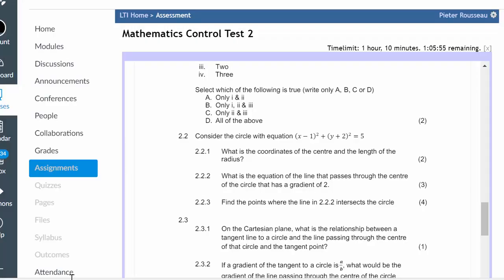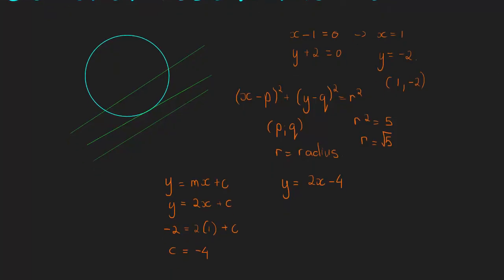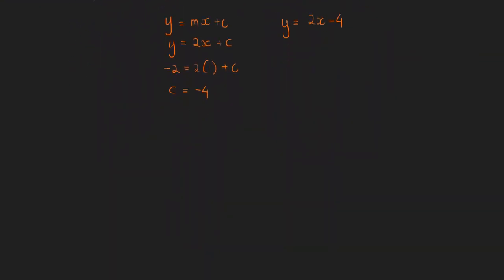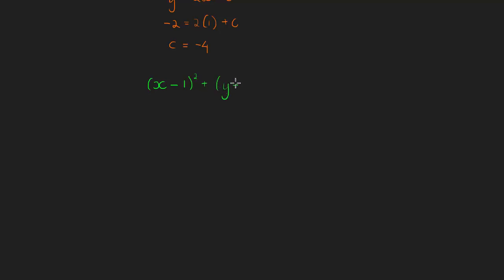Find the points where the line intersects the circle. Whenever I find the solution of two objects that intersect, two functions or graphs that intersect, I solve their equations simultaneously. So I have this and I have that.